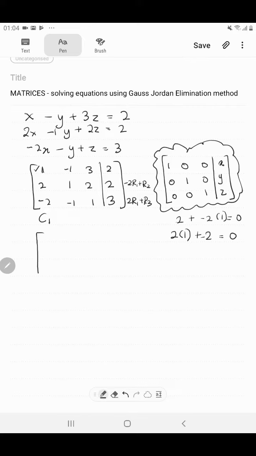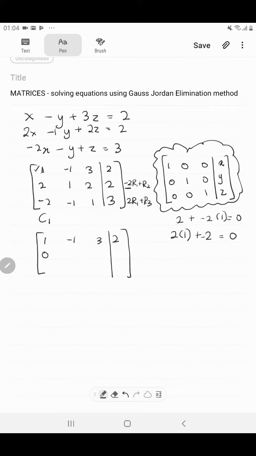The result of this will be: row 1, we just copy as it is, no operations there, but row 2 will be negative 2 times row 1. Negative 2 times 1 is negative 2 plus 2 is 0.